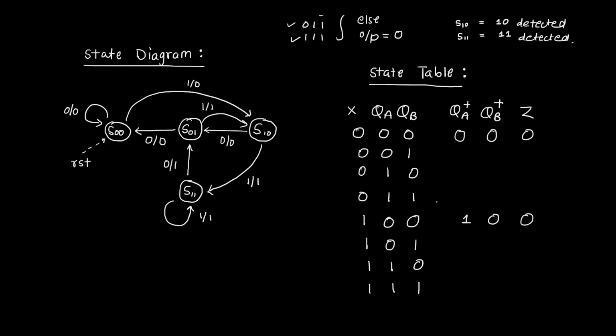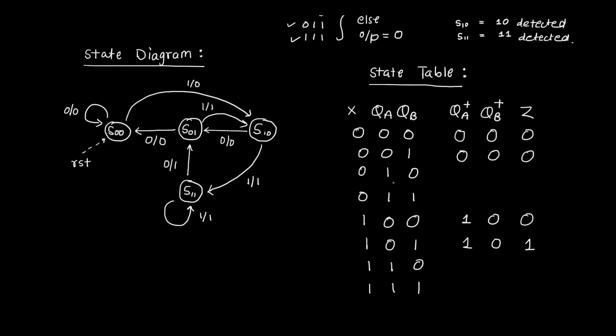Output is 0. For the 01 state, if 0 comes, it should go to the 00 state, output 0. If 1 comes, then it will go to the 10 state and the output is 1.